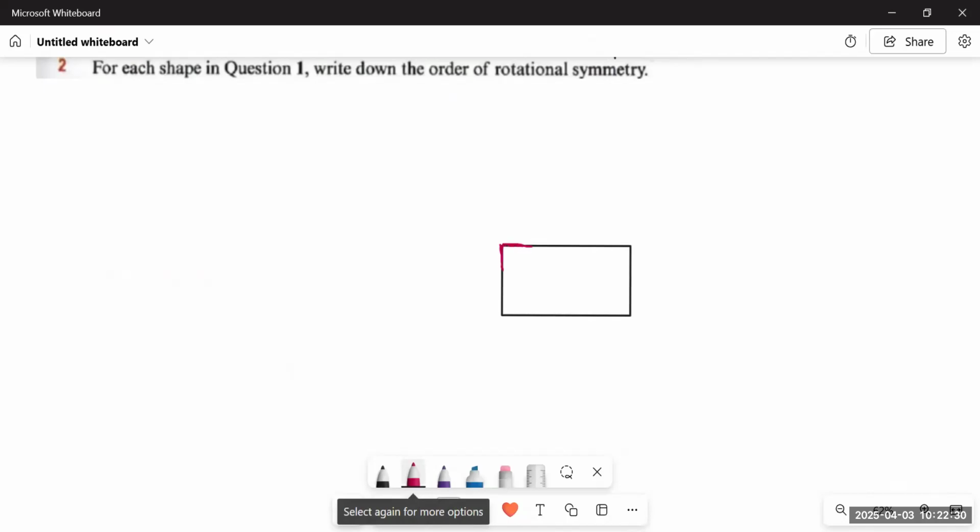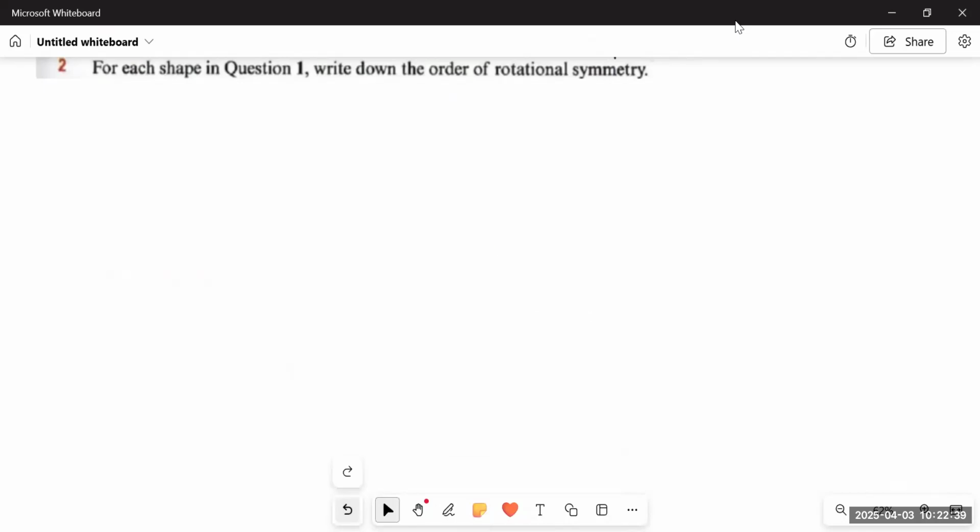Let us take this one as the starting point. If you rotate this rectangle once, the shape would be the same, but it won't look exactly the same as it was before. This is the first turn.